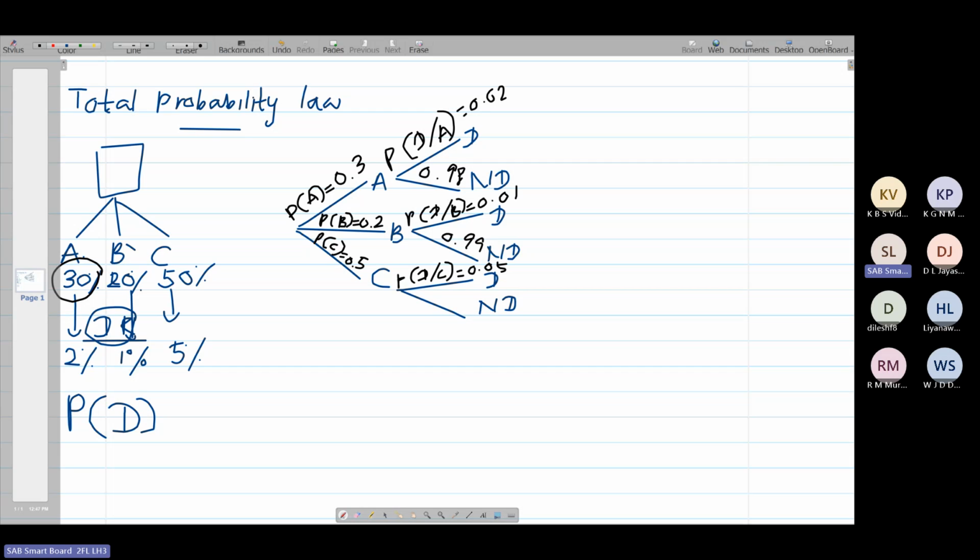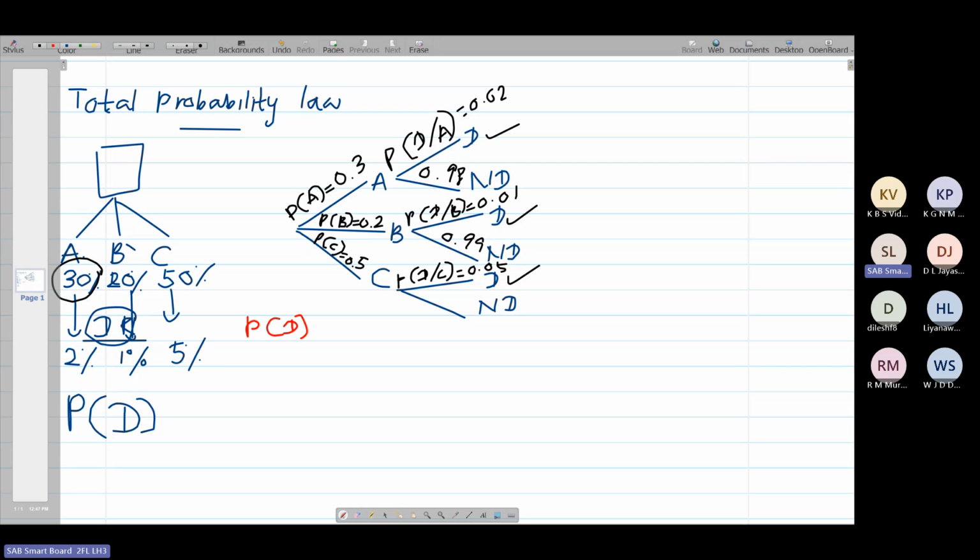Understood? Then looking at this tree diagram, the defective rate is common to all three events. Then we need to find out the probability that the item is a defective one.